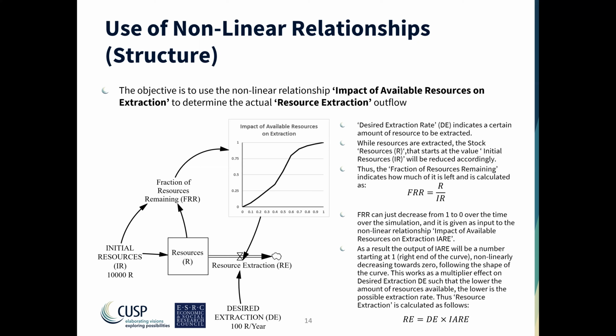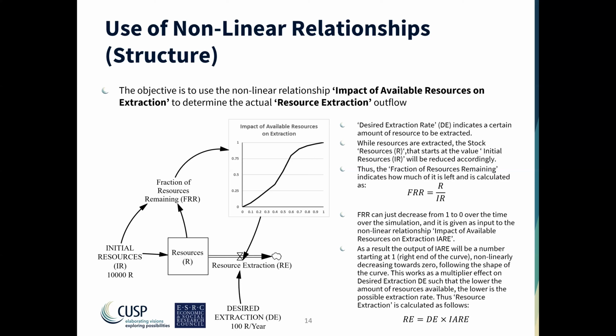Now, the way the nonlinear relationship works in system dynamics modeling is always the same, no matter the kind of focus we have, and it works as a multiplier on something else. So in this particular case, the desired extraction is kept again as a constant. We want 100 resources per year to go away from the stock of resources, but the more we reduce the stock of resources, the less it will be possible to extract.